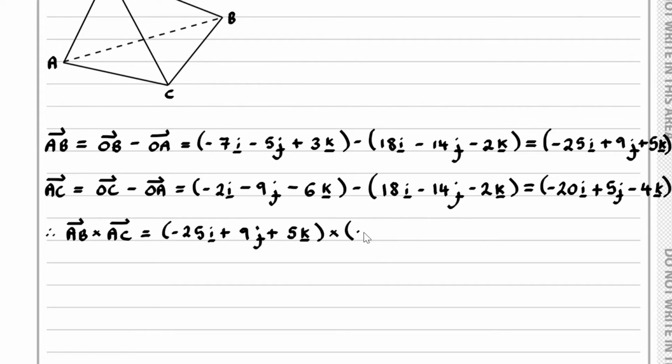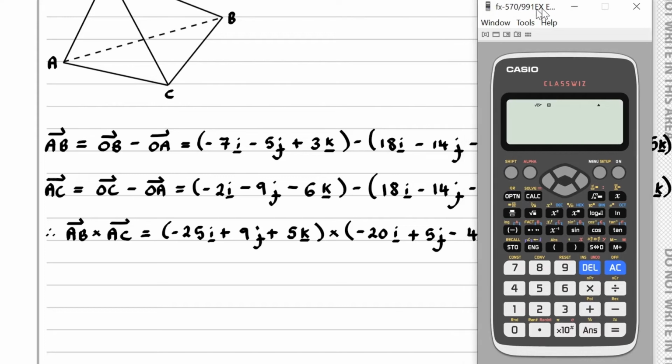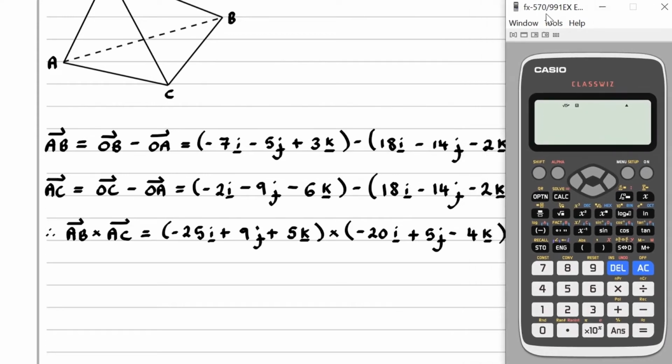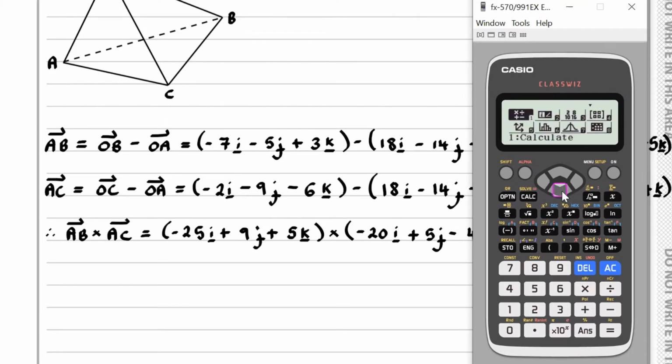AC is minus 20i plus 5j minus 4k. Now, we can use our calculator to work all of this out. So if we were to use our calculator, let's go to the vector submenu, define the first vector.